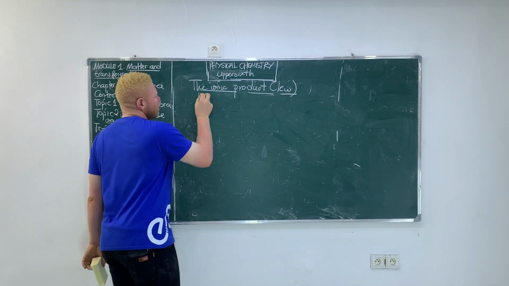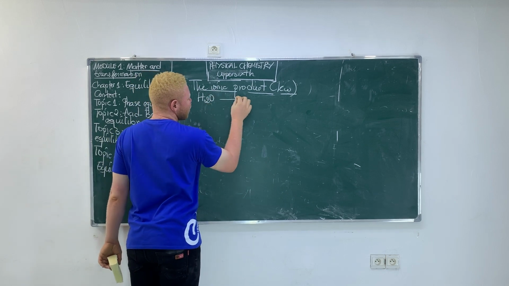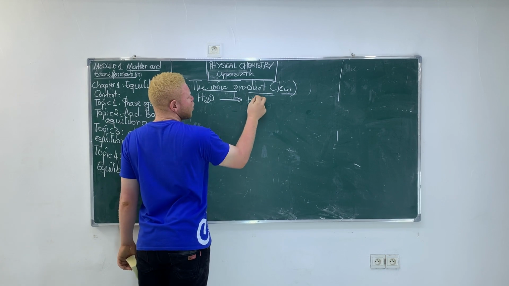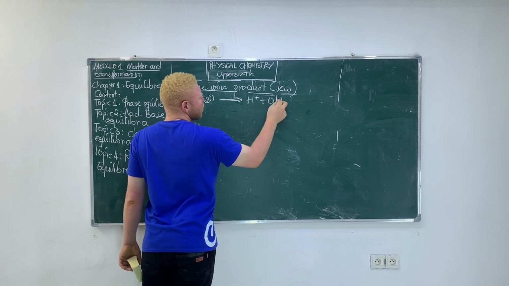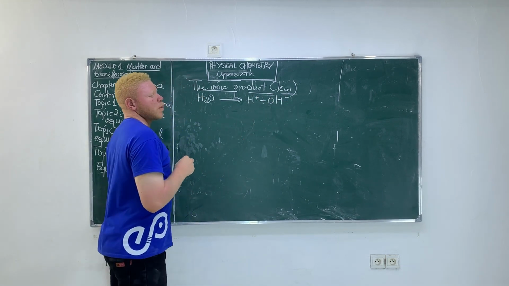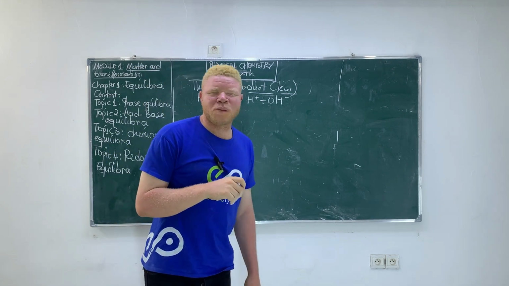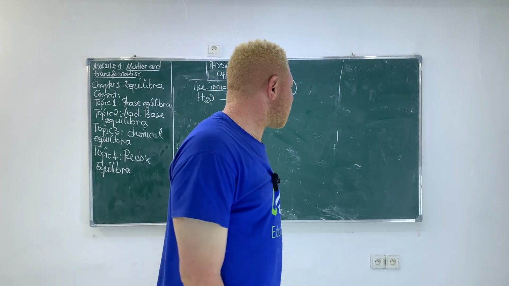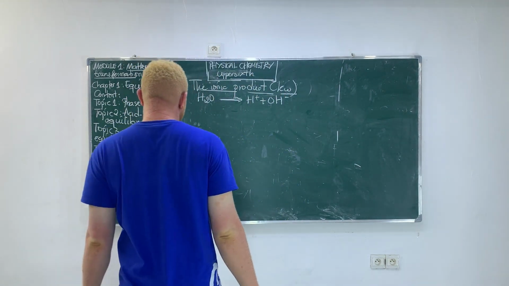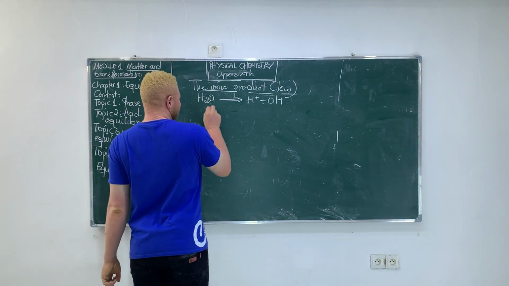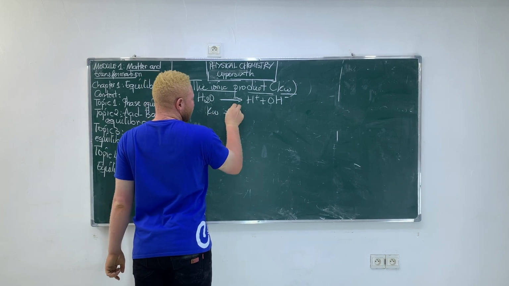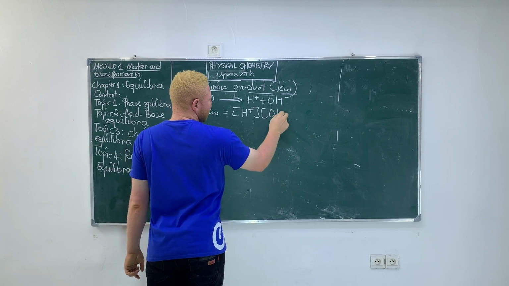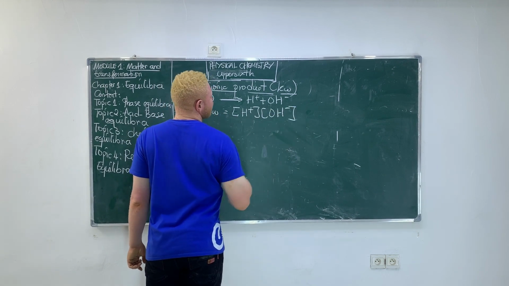Water dissociates to give H plus plus OH minus. The equilibrium constant Kw is equal to the concentration of H plus times the concentration of OH minus.